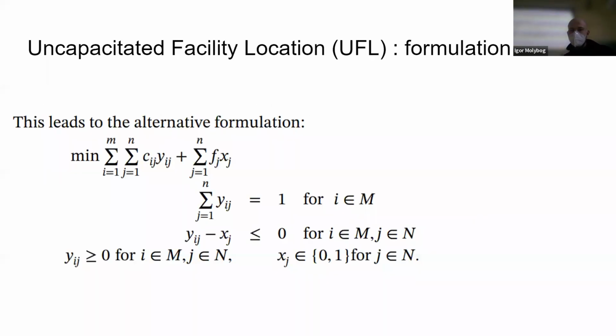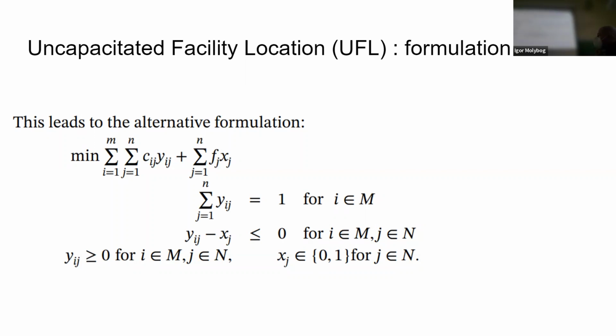Well, if we consider that all the xj's are equal to 0 but the first one, what can we say? So x1 is equal to 1. Then we know that the summation of yij's must be equal to 1.